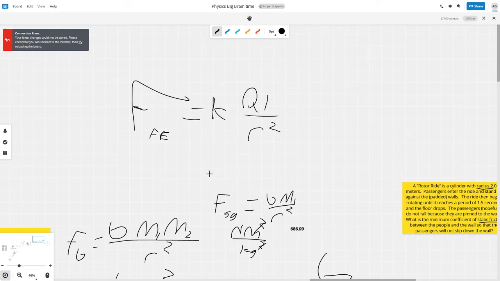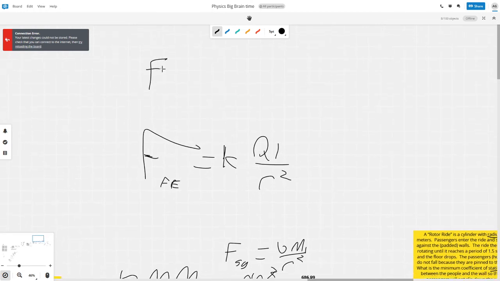This is newtons per coulomb. The other one, the one you have in your reference sheet, is a force: F equals K times Q1 Q2 over R squared.